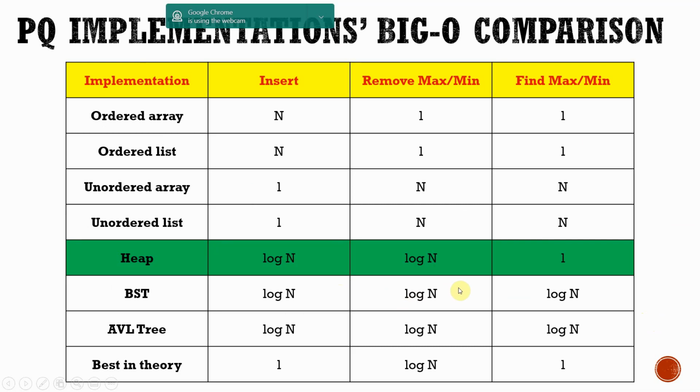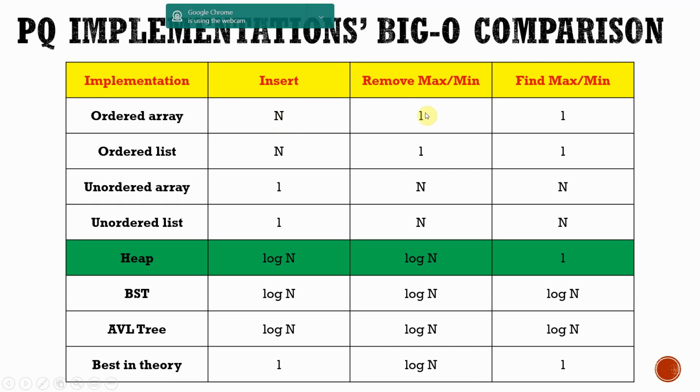This table provides a good comparison among different implementation methods for a priority queue. You see that if we have an ordered array, the insertion is going to be big O of n.